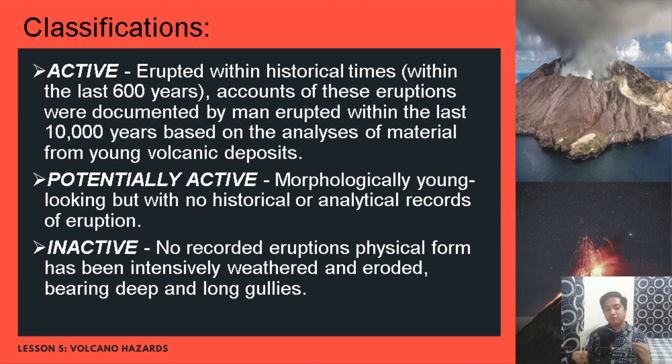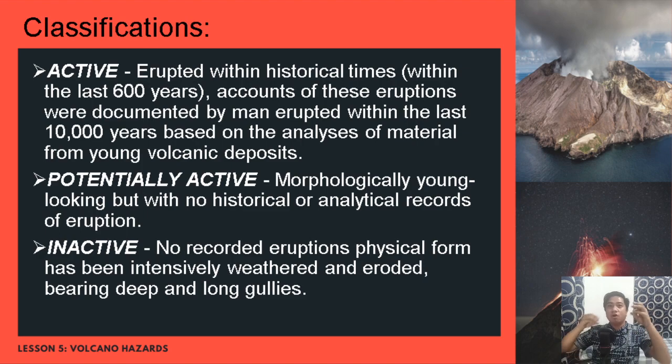So this kind of volcano has no recorded eruptions and its physical form has been intensively weathered or eroded, bearing deep and long gullies. If we talk about deep and long gullies, gullies are the curvature or the shapes on the sides of the volcano. So as you can see, our inactive volcanoes or the extinct volcanoes usually have gullies on their sides.